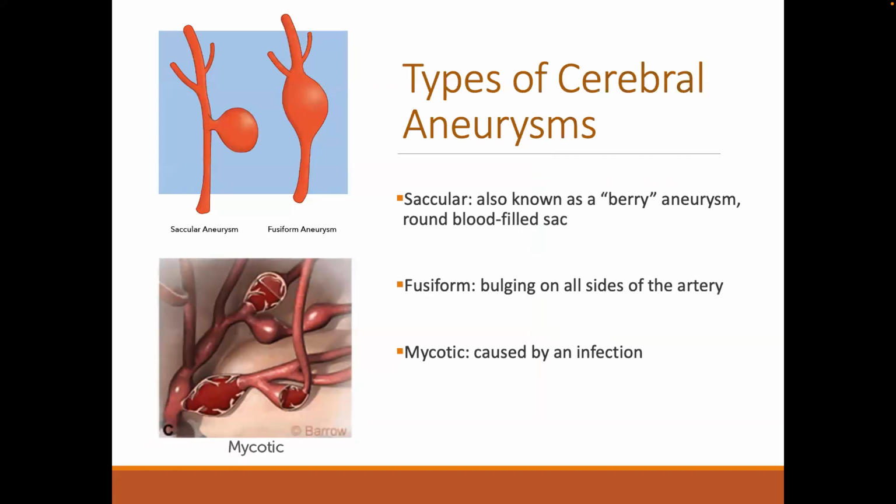A fusiform aneurysm is bulging on all sides of the artery, whereas the saccular is just on one side of the artery. There's also mycotic aneurysms. That type of aneurysm is caused by infections, which damage the walls of the artery and can cause it to bulge. So those are the three types, but the most common type is the saccular.